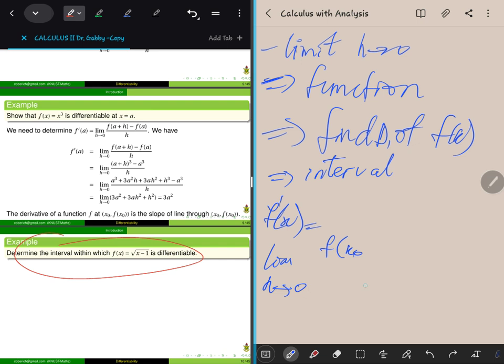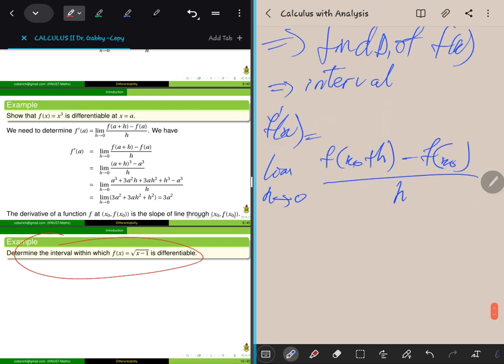We have x naught plus h inside, so that will be the square root of x naught plus h, minus 1, right?